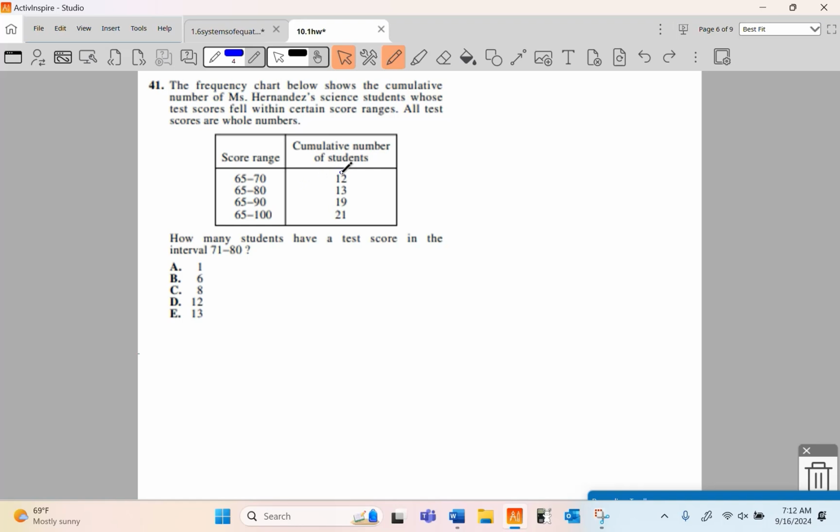So they talk about this being cumulative, all right? Cumulative. So 65 to 70 is definitely 12, but since it's cumulative, there's only one score between 65 and 80. All right, now we went from 13 to 19, sorry, and that should say 71 to 80.